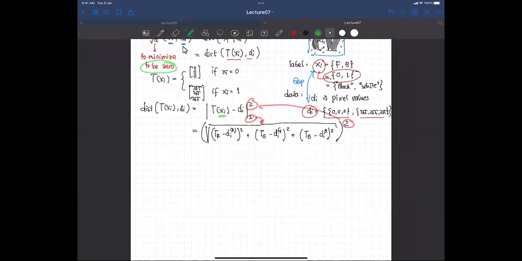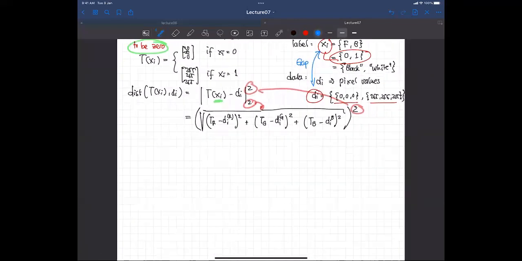So again, because we do not know the value of xi in this case, we assume xi equals to 0. If xi equals to 0, what will fd of xi equal to 0, di be? Depending on your di, depending on your observation, you will have some value. So in the end of the day, you will have some real value here. Then you also assume that xi equals to 1.